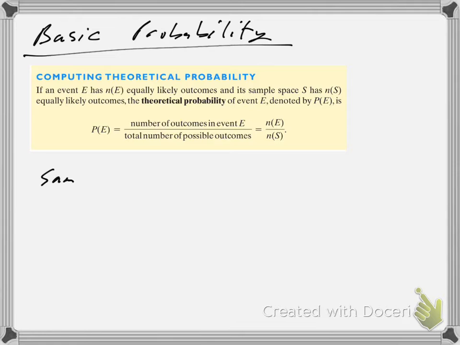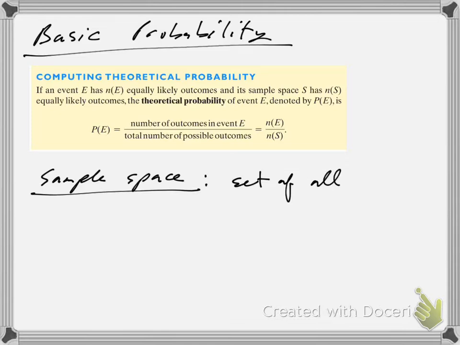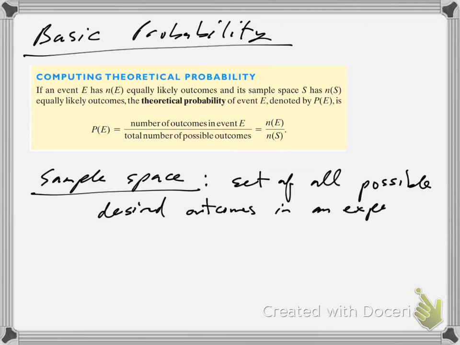So the sample space, which is a term used here, I'll just define that a little bit more clearly. The sample space is the set of all possible desired outcomes in an experiment.